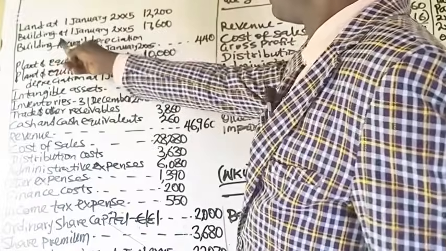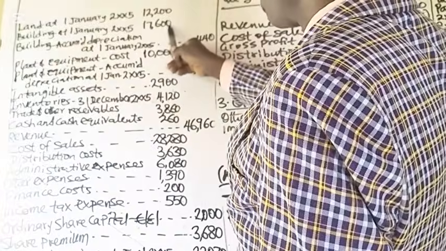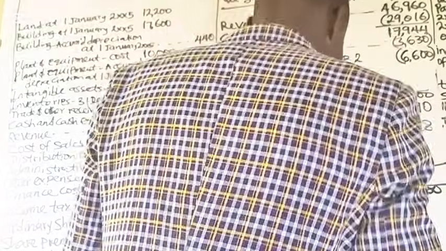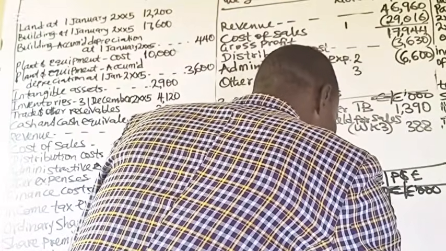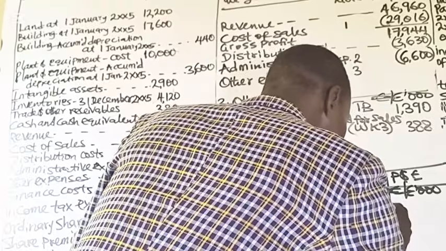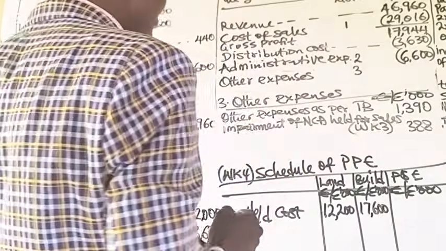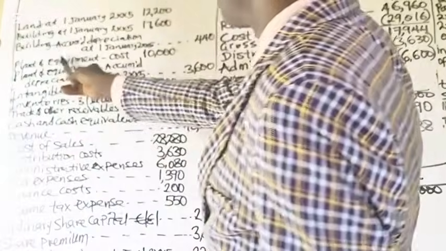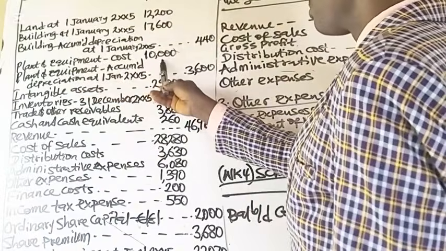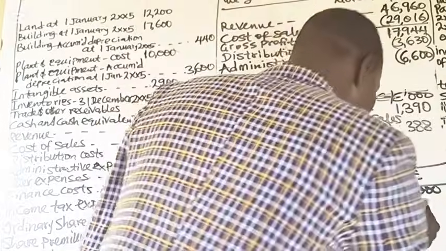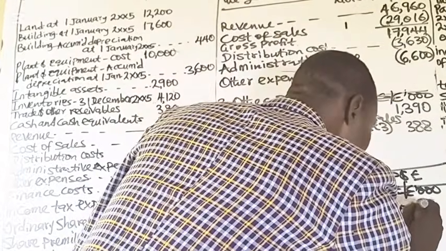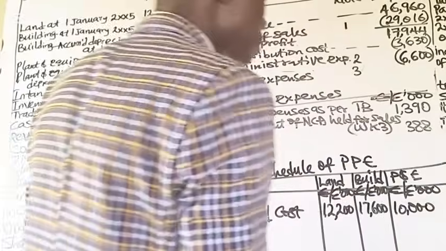The cost of the building, 17,600. And that of plant and equipment, the cost is 10,000.